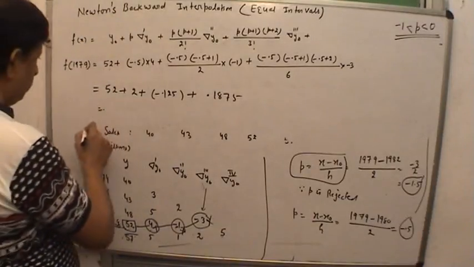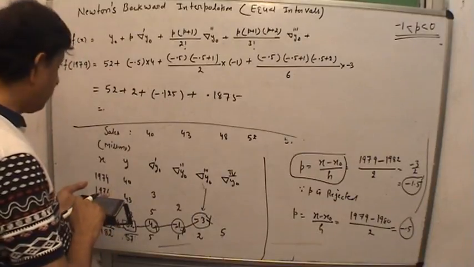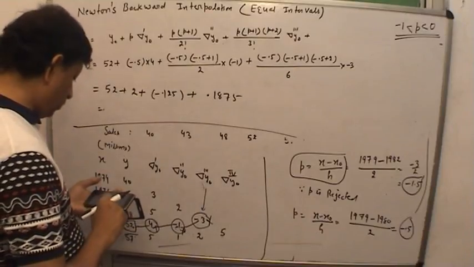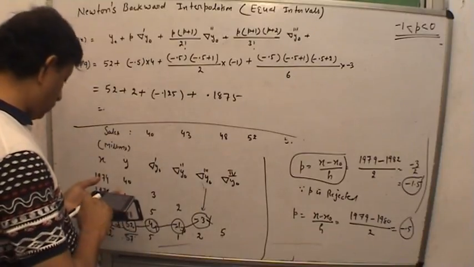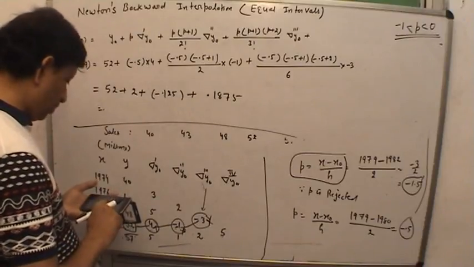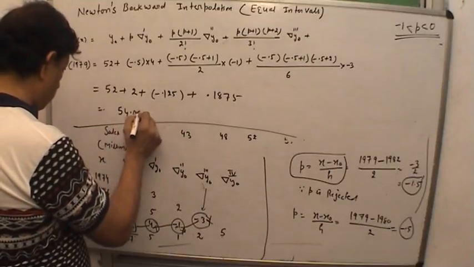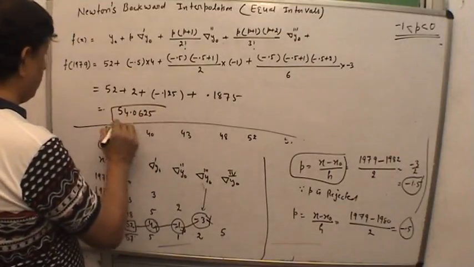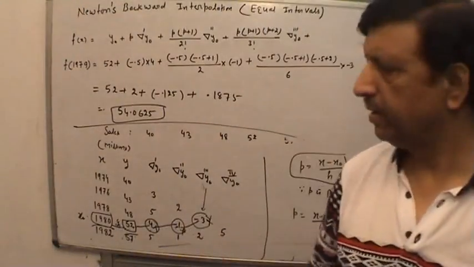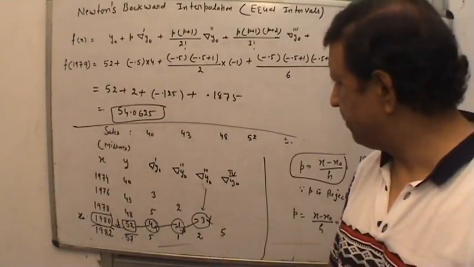That is 54.0625. It is the sales for the period 1979 for the firm according to the given data.